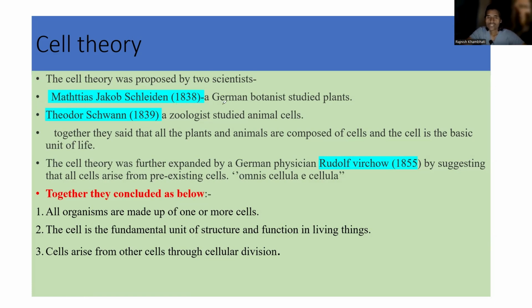He was a German botanist, and a botanist means one who studies plants. So Schleiden was a botanist studying plants and all the things about plants.